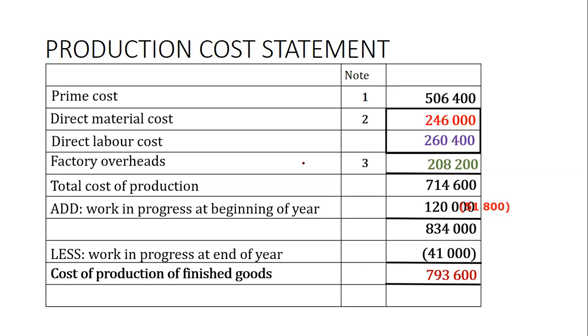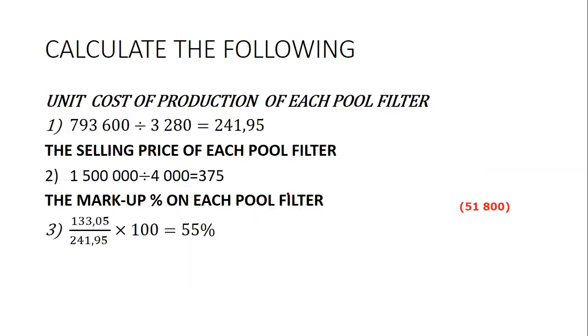For you to get cost of production per unit, you take that 793,600 and divide it by the number of units produced, which was 3,280, and that will give you a unit cost of production. Hence, your unit cost of production will be 241.95. Did you get that?